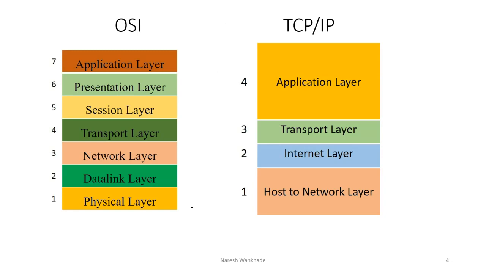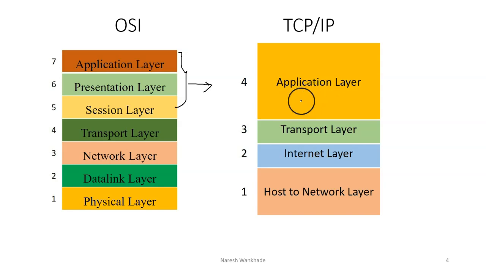Here you can see in OSI reference model there are 3 layers: application layer, presentation layer and session layer, that is user support group. And in TCP/IP reference model there is only application layer. Means task of these 3 layers is performed by application layer in TCP/IP reference model.